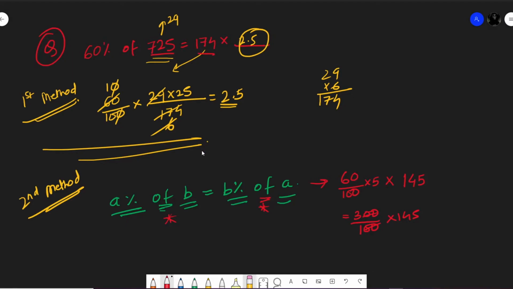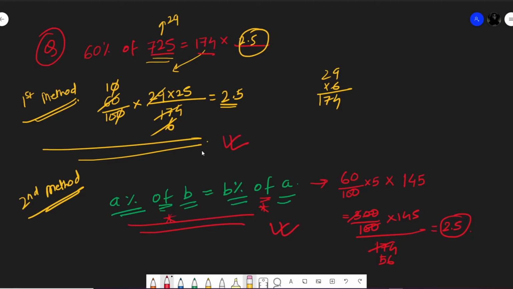Which becomes 3. And we have 174 on this side. We divide 174 by 3, and 3 gets cut. So it becomes 58, right? We can do this and the same answer will come as 2.5.